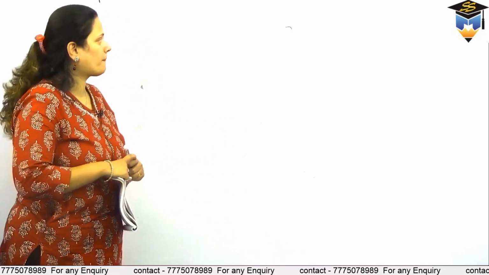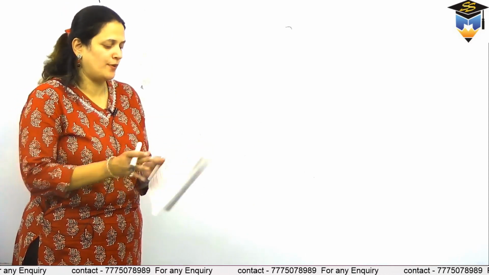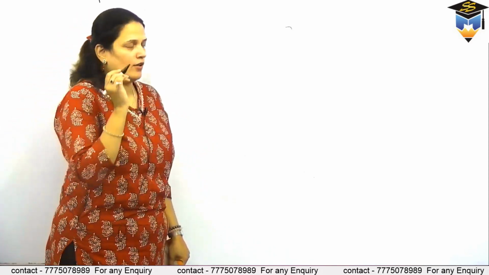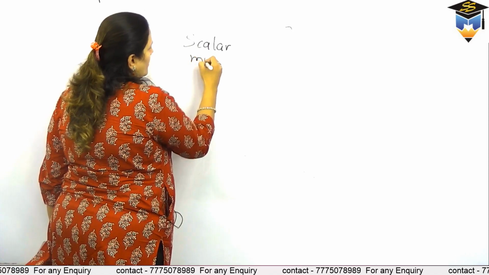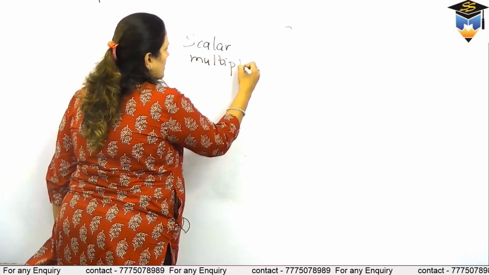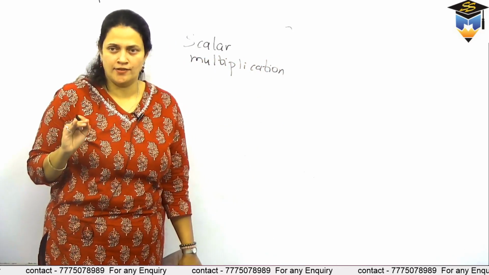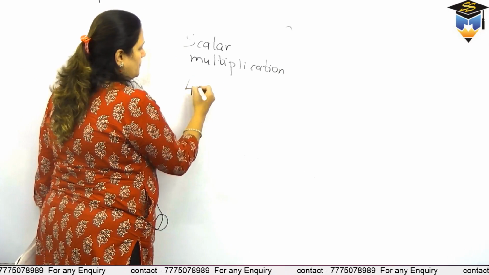Suppose, let me take an example for this one. There is a scalar, I'm not going to teach you scalar multiplication right now. This is a concept, scalar multiplication. So what is a scalar? Suppose I give you an example.